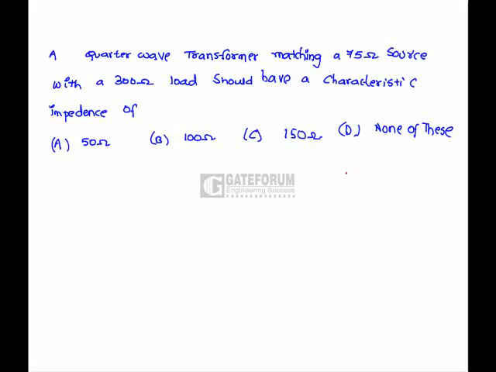A quarter wave transformer matching a 75 ohm source with a 300 ohm load should have a characteristic impedance of? So we know that for a lambda by 4 line, the relationship between the input impedance and the load impedance is Zin equals Z0 square by ZL. Means we have to calculate the Z0.